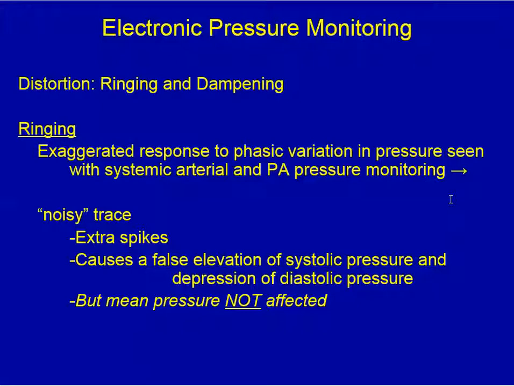And it results in a noisy trace with extra spikes. And the significance is that it results in a false elevation of systolic pressure and a false depression of diastolic pressure. But the good news is it does not affect mean arterial pressure.